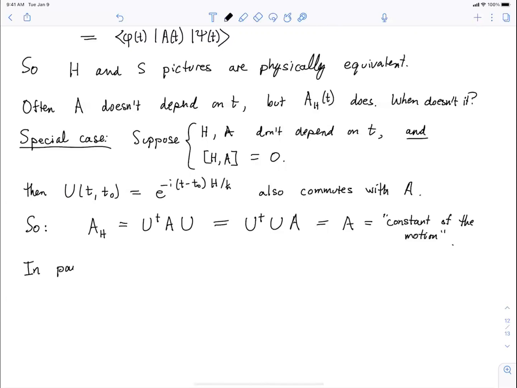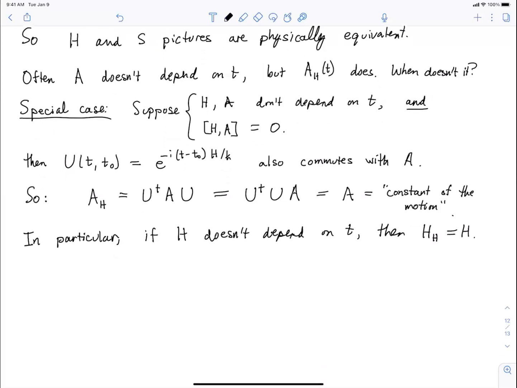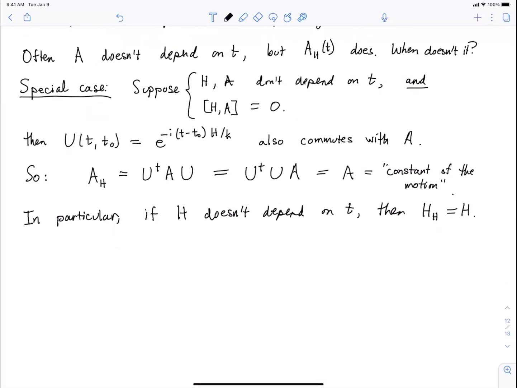So in particular, if the Hamiltonian doesn't depend on time, then we learned that the Heisenberg Hamiltonian is equal to the Schrodinger Hamiltonian, and so they're both constant in time. That won't necessarily be true if H depends on time, but as long as it doesn't depend on time, then they're the same thing.